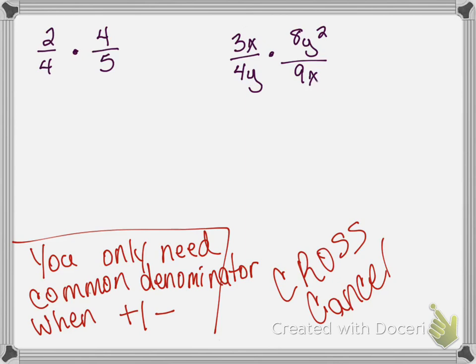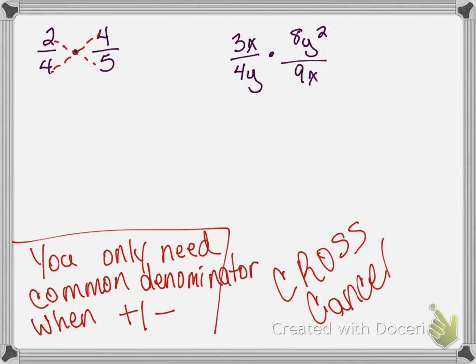So what I'm doing is I'm looking at my 2 and my 5 and my 4 and my 4. Is there anything between the 2 and the 5 that can be simplified? No. Nothing goes into 2 and 5 equally. However, when I look at my 4 and my 4, can those cancel? Yes.